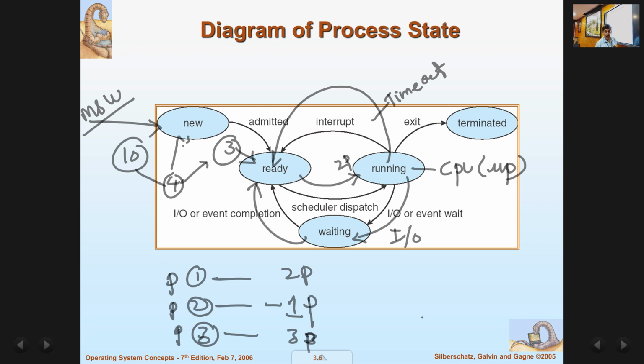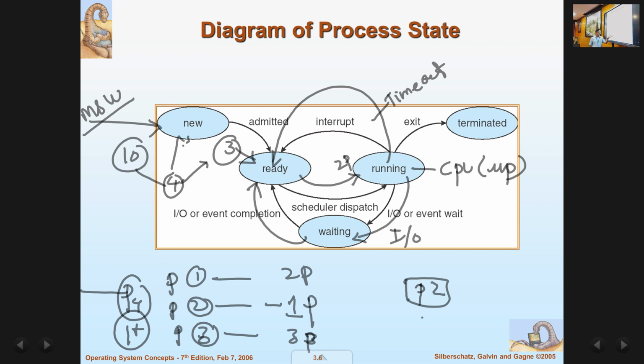The third reason because of which the process will be thrown out of the running queue: suppose P2 is already executing, and one more process, P4, acquires a higher priority. So one more process rushes in, and that process has got 1 plus priority.